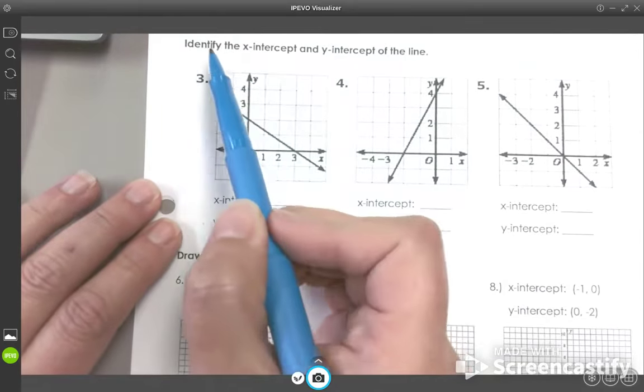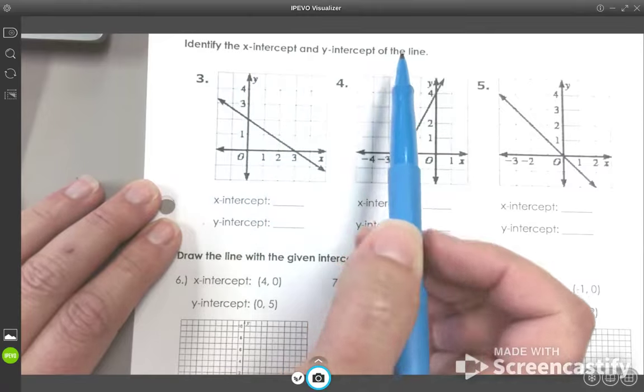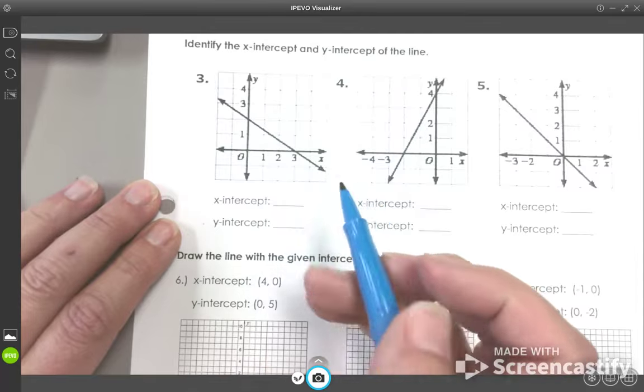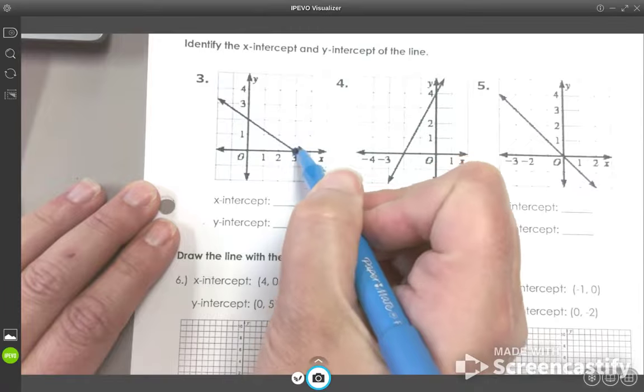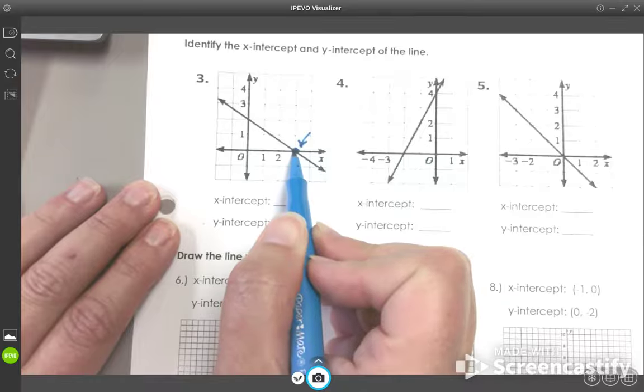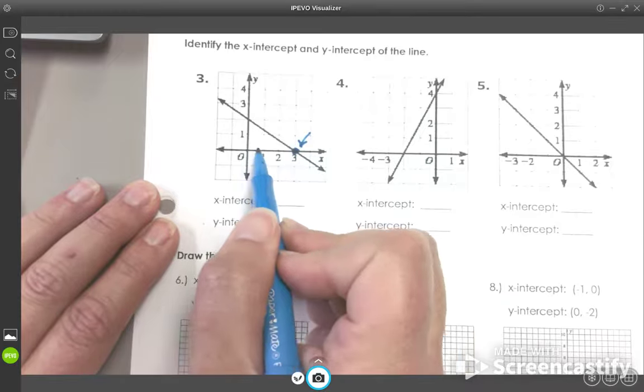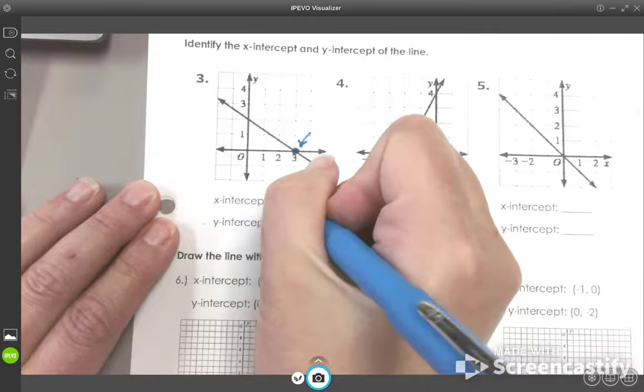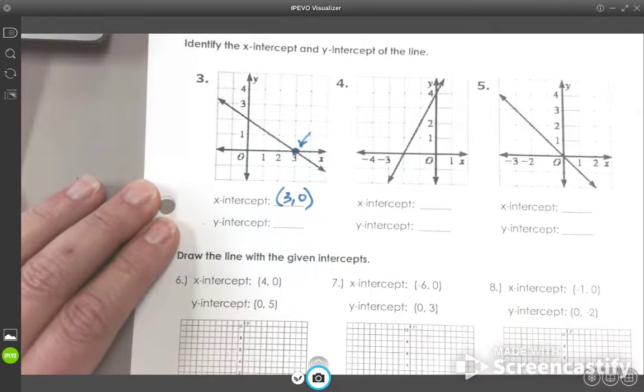3, 4, and 5 say identify the x and y intercept. If you are identifying the x and y intercept, that vocab just literally means where is your line crossing the x-axis? Well, it's crossing the x-axis at the point over 3, up 0. That's all that's asking.